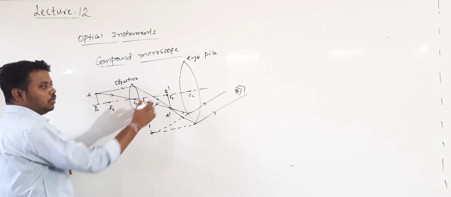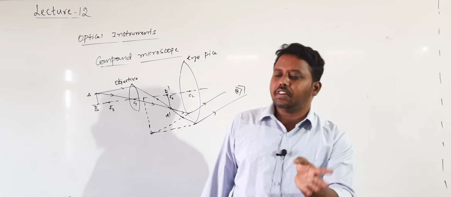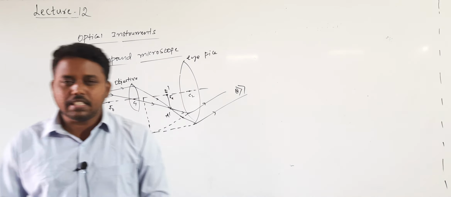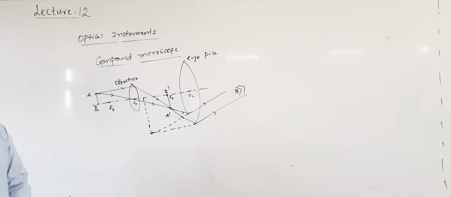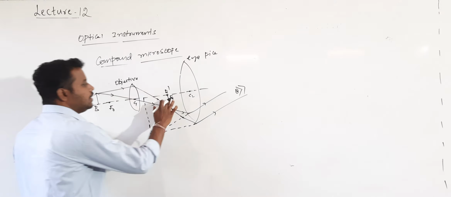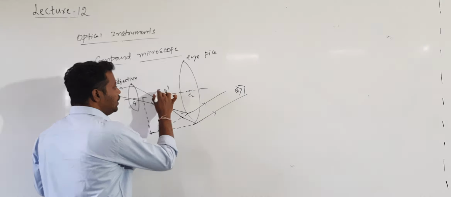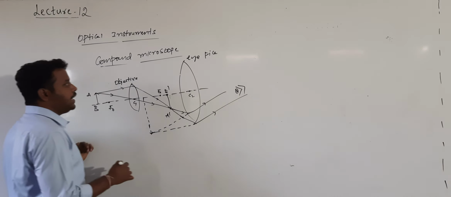Now, where it was placed, I told you two cases. One is for the least distance of distinct vision, and the other is for infinity. The first case I will consider: this is the principal focus of the eyepiece.